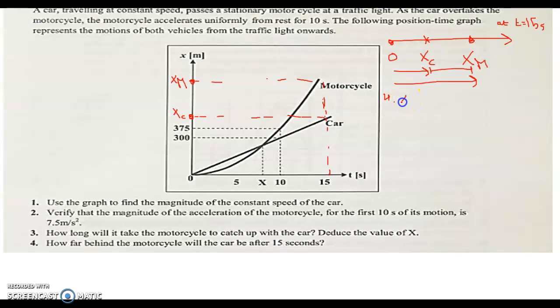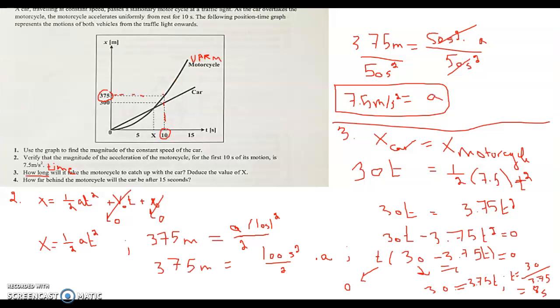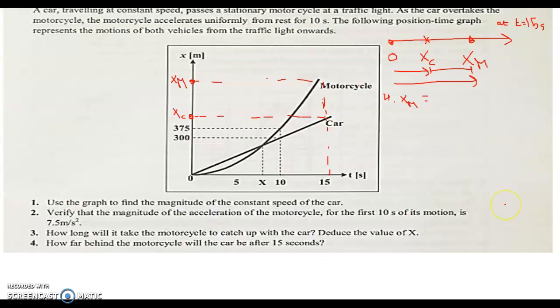For the motorcycle, x for the motorcycle is equal to, as you can see before, 3.75 t squared. This is the general equation. Now for t equals 15 seconds, xm at this time is equal to 3.75 times 15 squared.